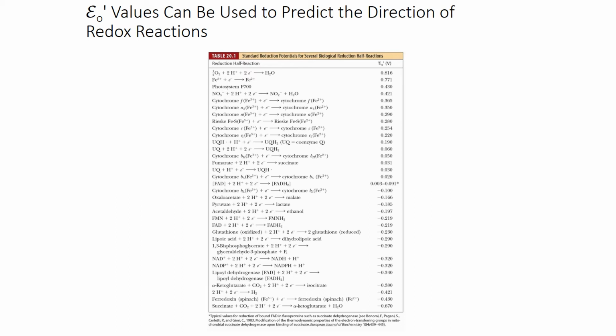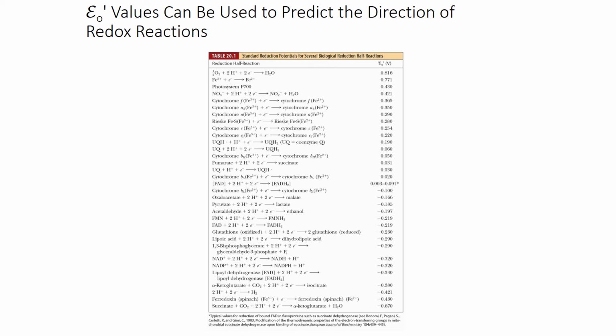So those at the bottom of this column are strong reducing agents and will be oxidized. The more positive the reduction potential, and that includes decreasing negative values and then increasing positive values, the stronger the oxidizer will be.